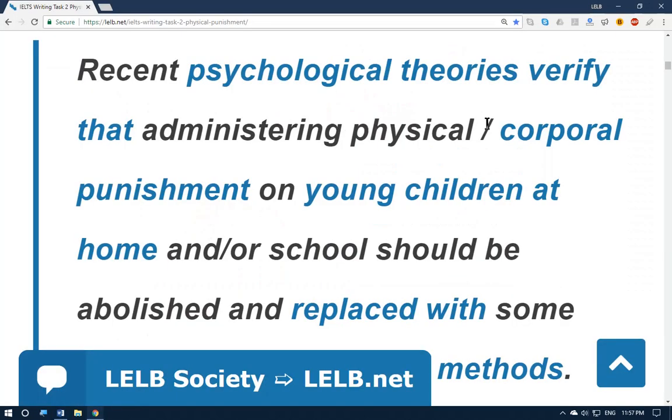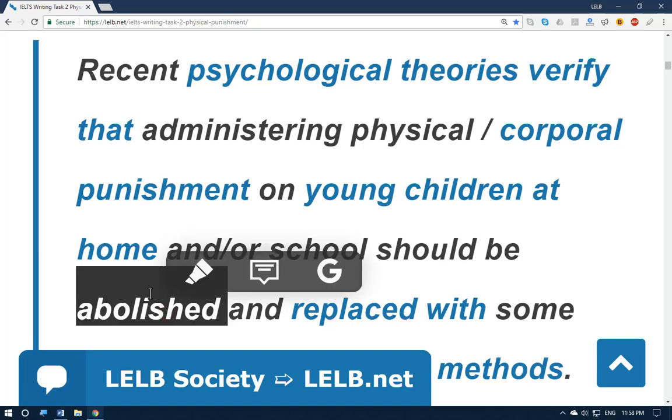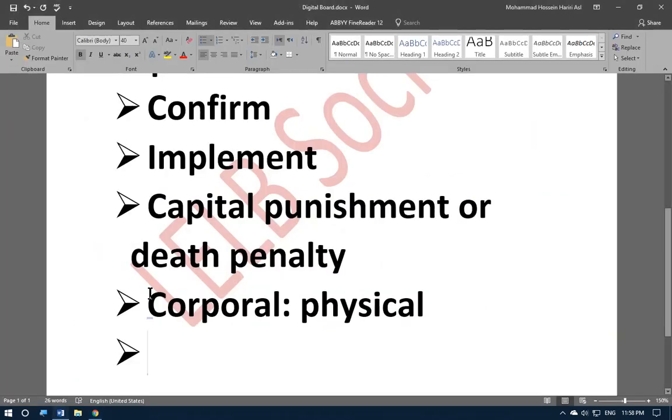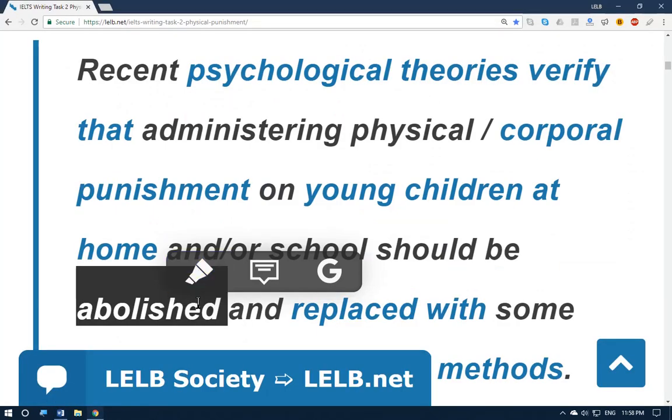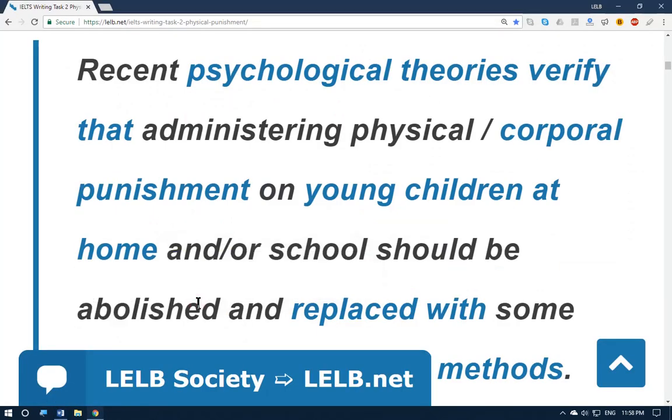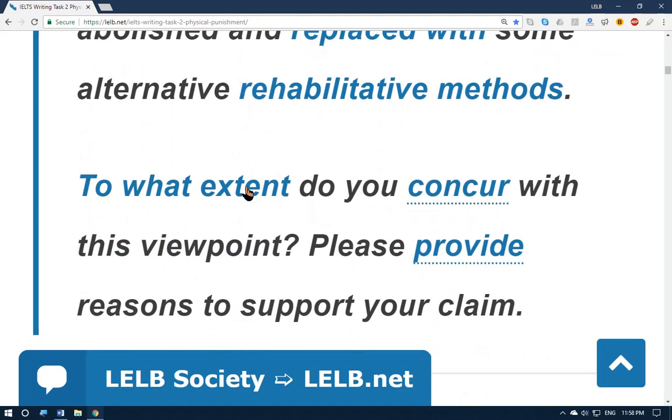punishment. Okay. Corporal or physical punishment on young children at home and or school should be abolished. Abolish means eradicate or cancel, you know, and replaced with alternative rehabilitative methods, some substitutes or substitution.